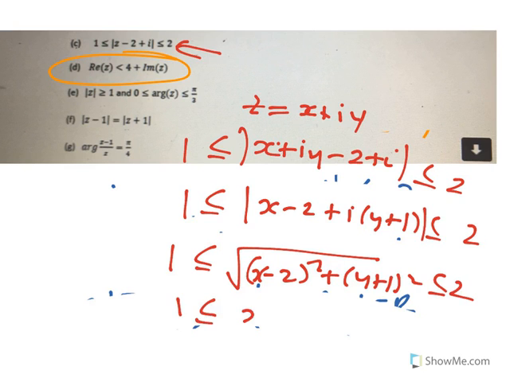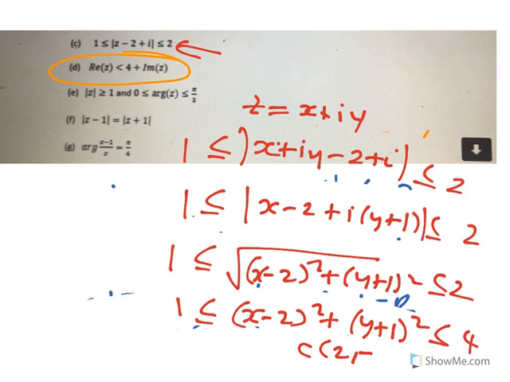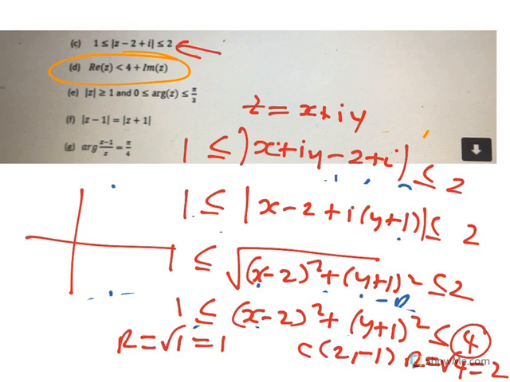So it would be 1 is less than or equal to (x − 2)² + (y + 1)², which is less than or equal to 4. So that's the circle centre 2 − i. Radius equals the square root of 4, which is 2. Radius equals the square root of 1, which is 1. So it goes in between.